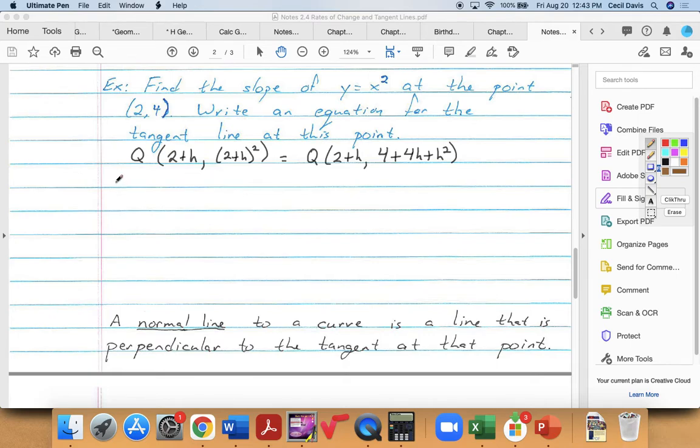So the slope of the secant, or the slope of PQ, is going to be the difference between these.